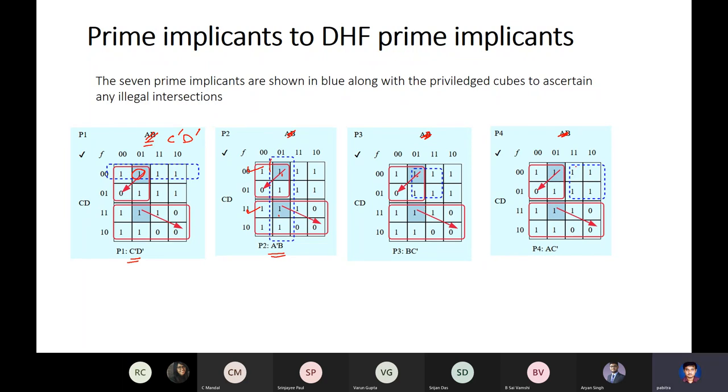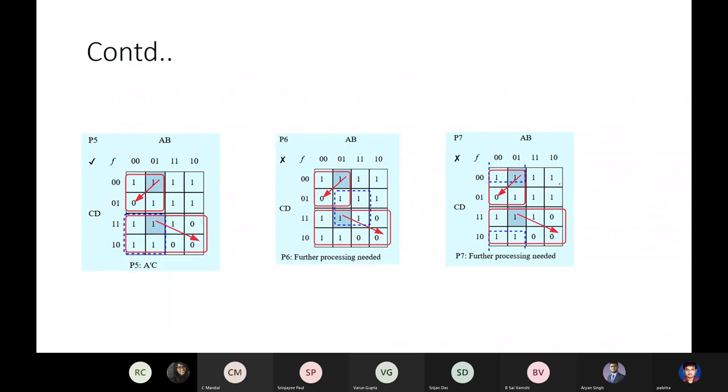This is also a legal prime implicant because it does not intersect with any of the privileged cubes. Privileged cubes, mind you, are transition cubes for dynamic transitions. This is another prime implicant, A prime C. This also is legal. It contains this.